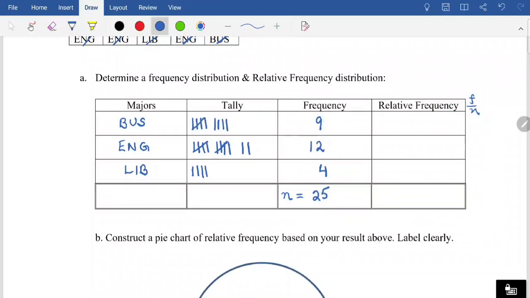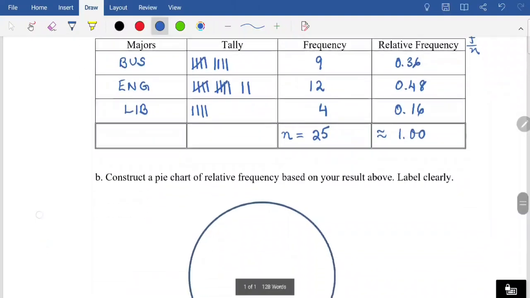So 9 over 25 is 0.36, 12 over 25 is 0.48, and 4 over 25 is 0.16. When you sum up the relative frequencies, you can always do a cross check to make sure they are more or less right. When we sum them up, it should add up to something very close to 1.